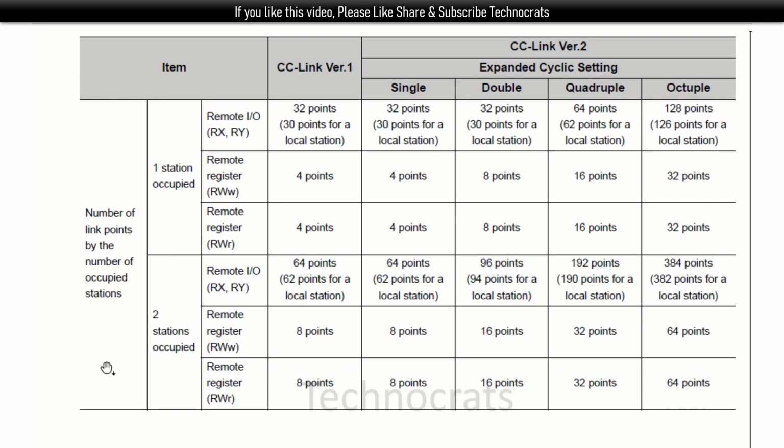Basically it's a master slave type of network. So in a master, the slave could be a remote IO, it could be intelligent device station or a local device station.